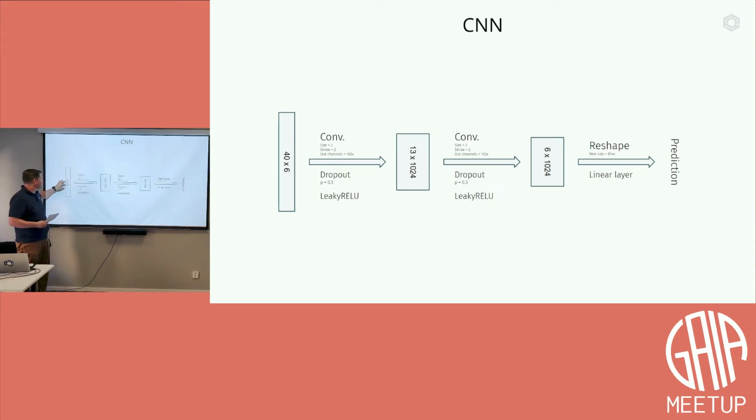There are 6 of them in this example, and then a 40-long time window. The details here aren't really important, but we convolve them down and can make a prediction, and the results are almost exactly the same as for the tree.